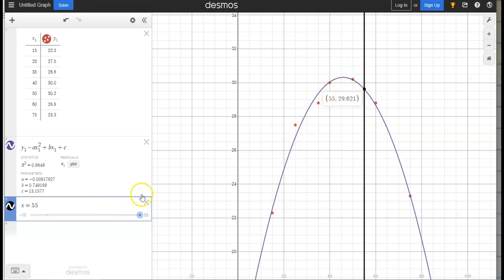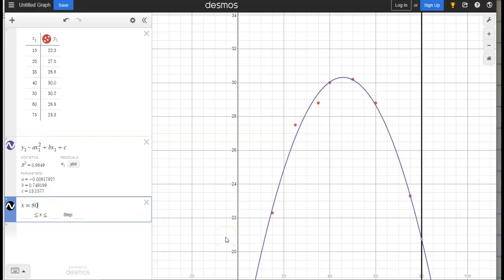How about bigger than 75? How about 80, when x is 80? All right. Well, I can come over here, and it looks like my gas mileage has gone down. When my speed is 80, my gas mileage is only 20.745 miles per gallon.